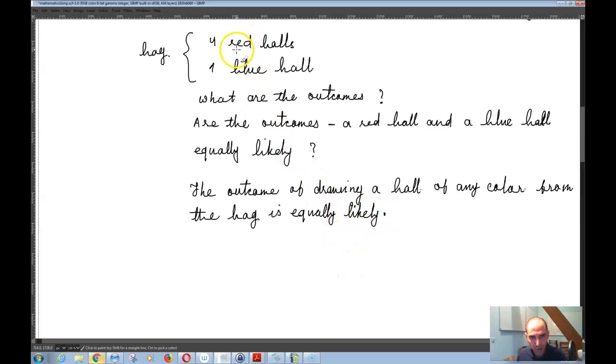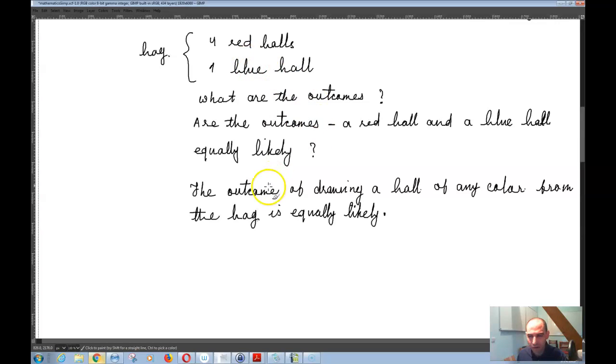But of course, in this situation you're always more likely to get a red ball than a blue ball, because you have 4 red balls and 1 blue ball. So all experiments do not necessarily have equally likely outcomes.